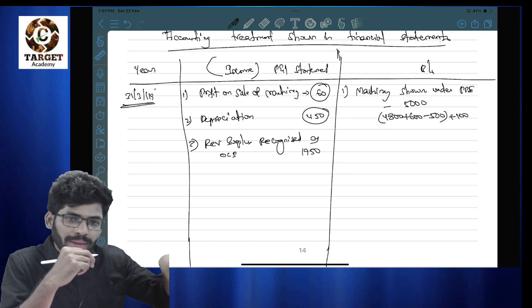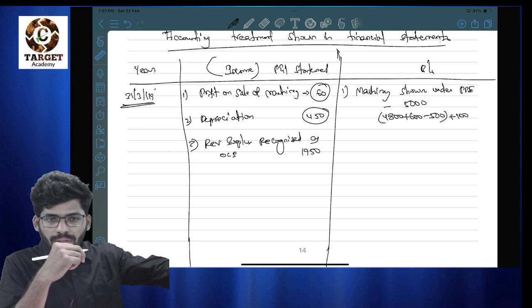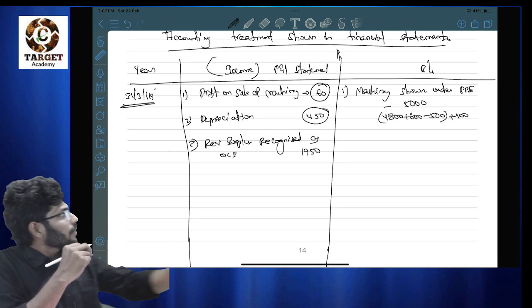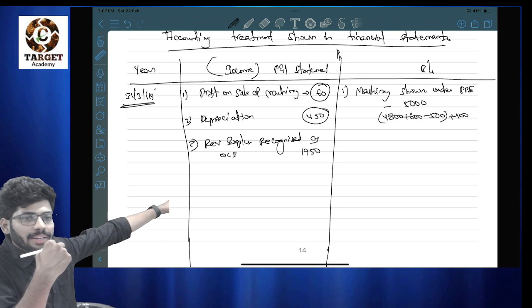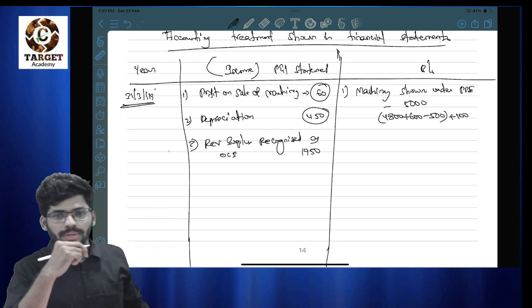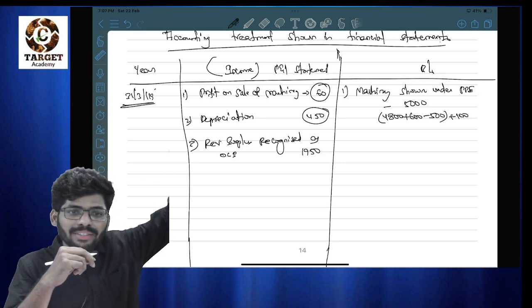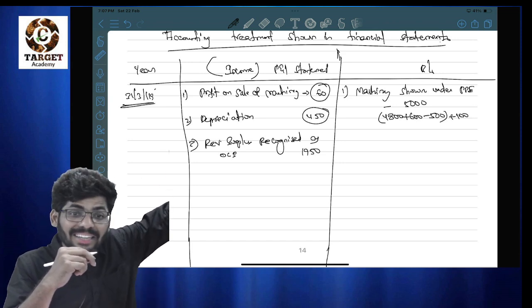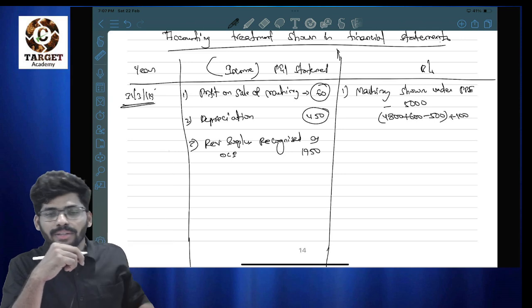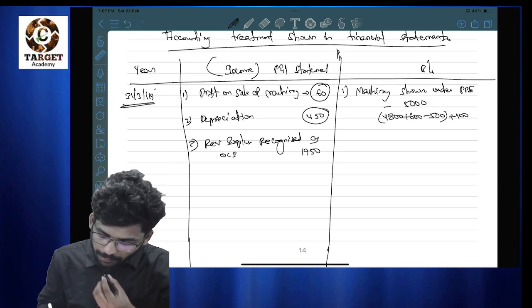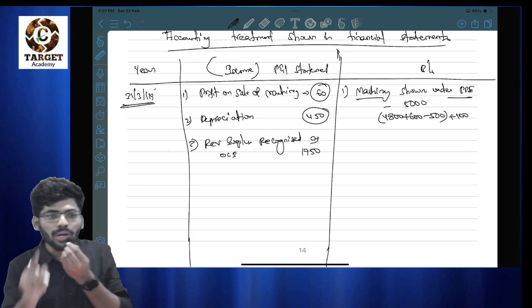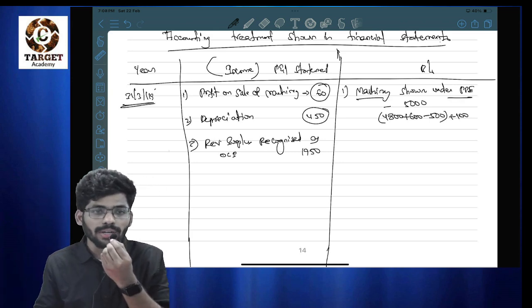If the asset should be at 5,000, then from next year we need to calculate depreciation on 5,000 only. Correct or not? That's why we have reversed the provision for depreciation until that date. We have already transferred. Correct or not? So that's why machinery shown under PPE how much as of now? 5,000. How did we get 5,000?